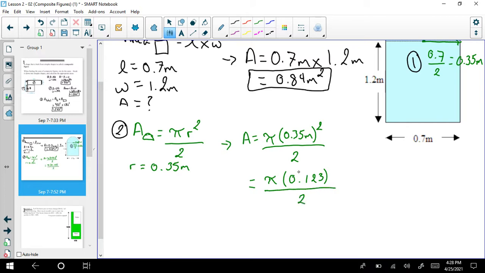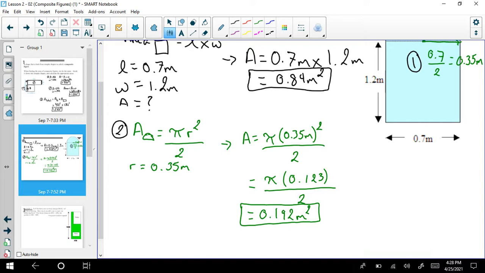And then I would do the multiplication on the top, so times pi, and then divide by 2, which gives me 0.192. Perfect. So 0.192, and this is also still in meters squared, because area is always whatever unit squared.